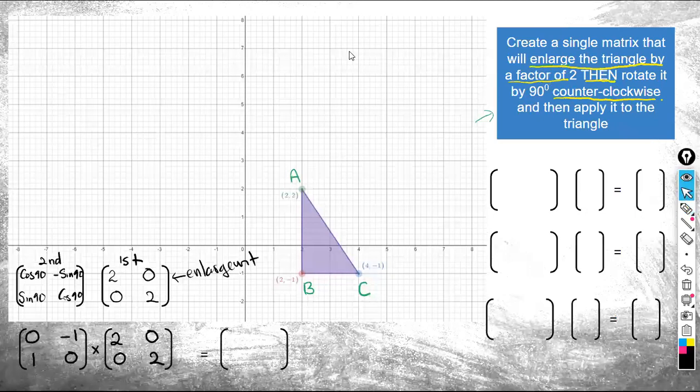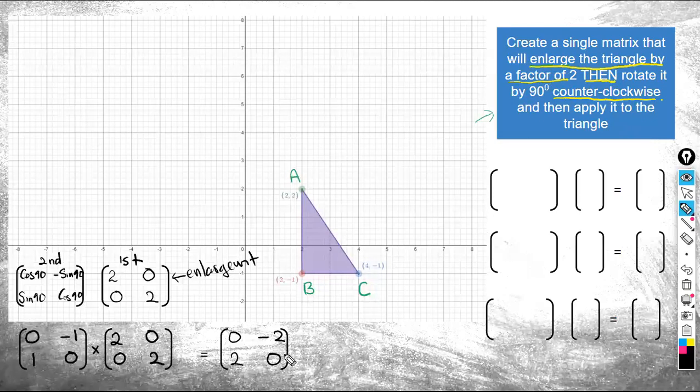You still have time. When you multiply those two matrices together, we're getting 0 here, 2, minus 2, and 0. We can all agree with that? That looking correct? 0 minus 2, 2, 0.